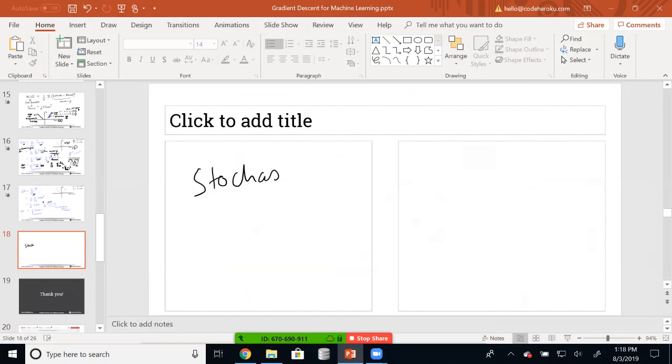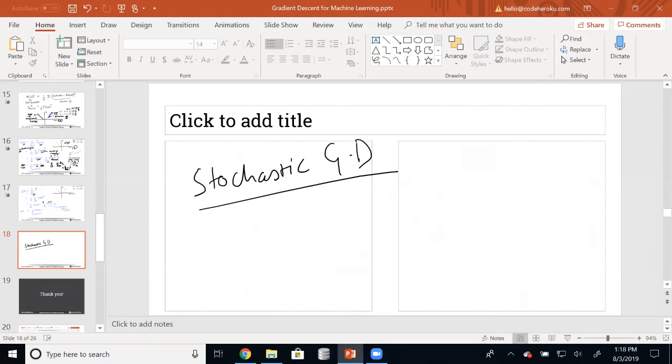The reason why it is called stochastic gradient descent is that we are iterating through all points one at a time. So we are finding delta m and delta b for each point.